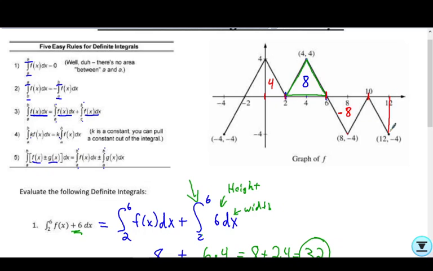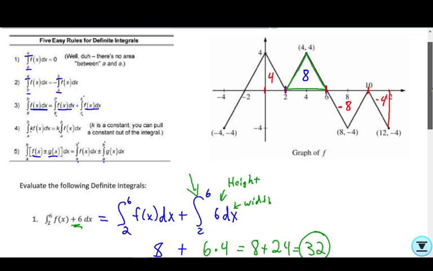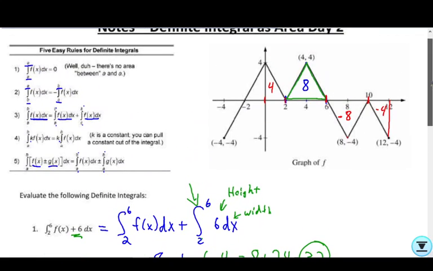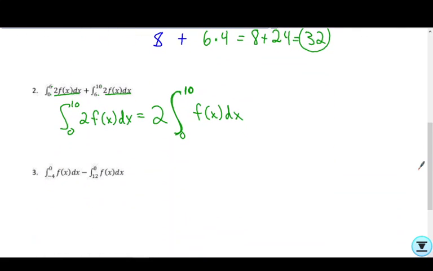And then this area right here is negative 4. We're only going from 0 to 10, so that is going to be 4. So this is 2 times 4, which is 8. That's it.